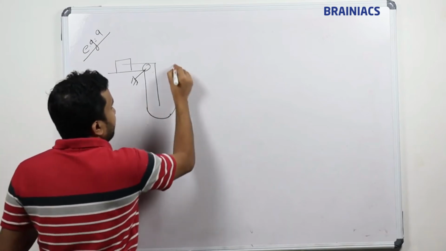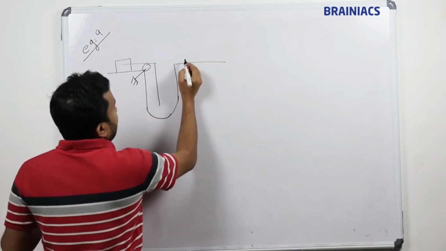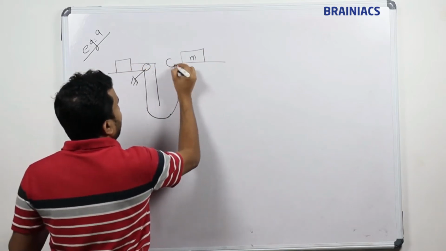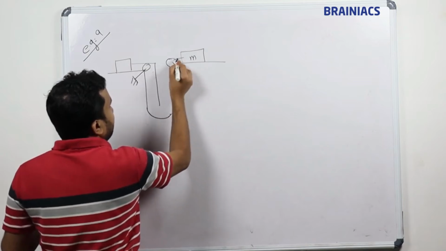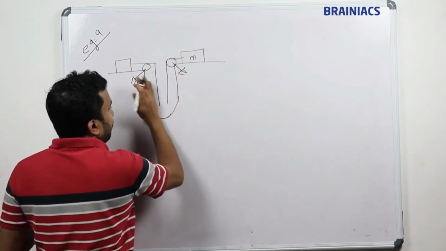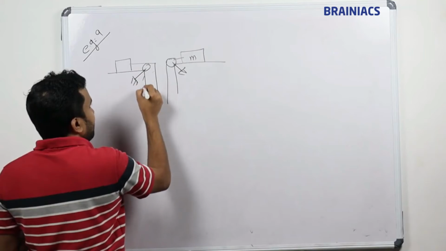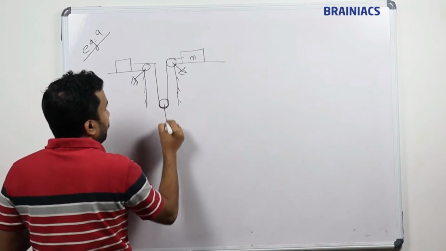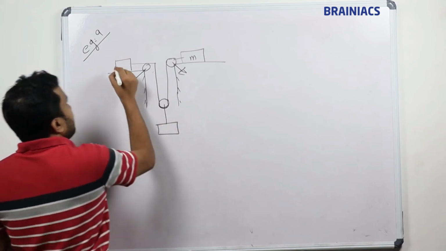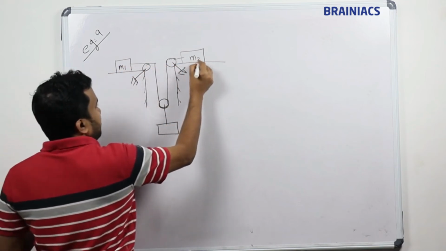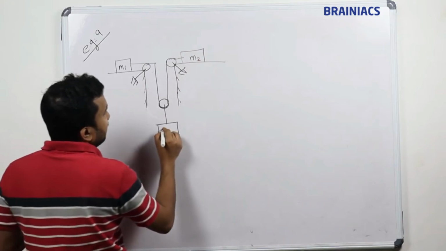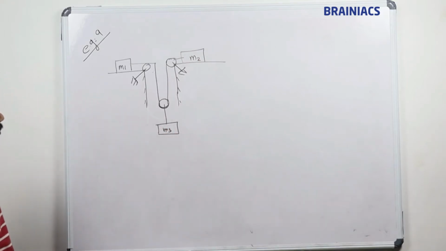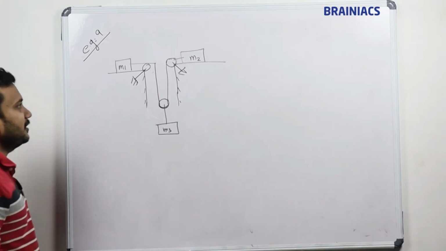Here also some mass is connected, and here also we have a pulley system, and both ropes are coming together. This is a fixed end, so it is finalizing here, and we have a pulley system here. Over here I have attached another mass. This mass I am calling M1, this mass M2, and this mass M3.